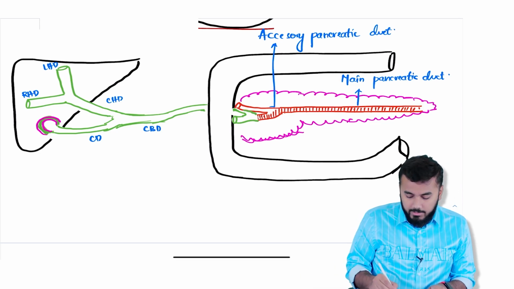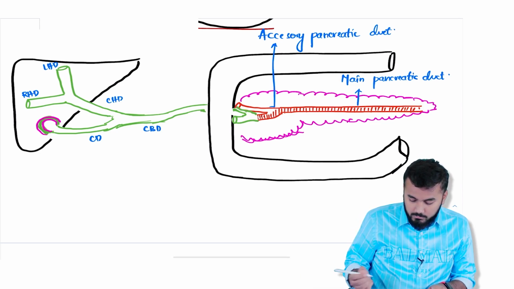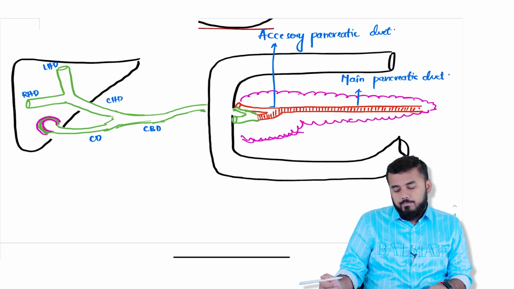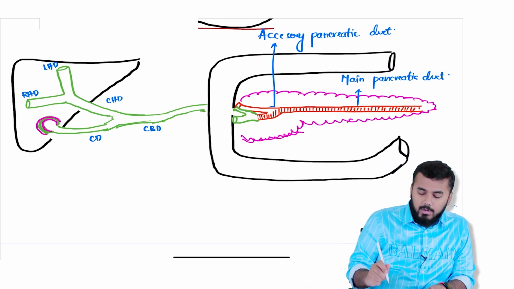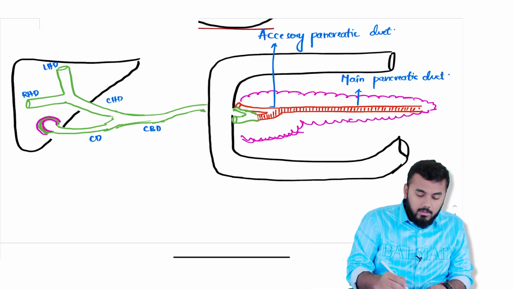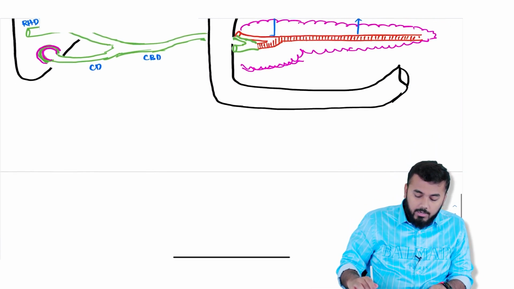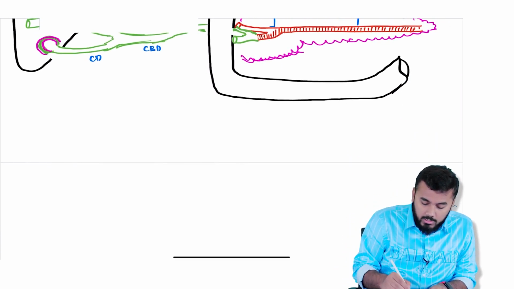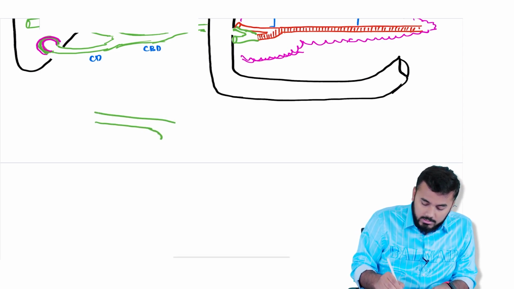You see what is happening here? The common bile duct is joining with the main pancreatic duct. Let me put up that picture down here more clearly, guys. So this is what is actually happening.